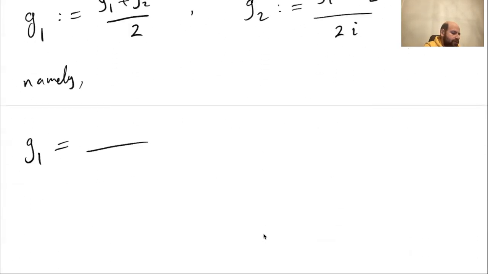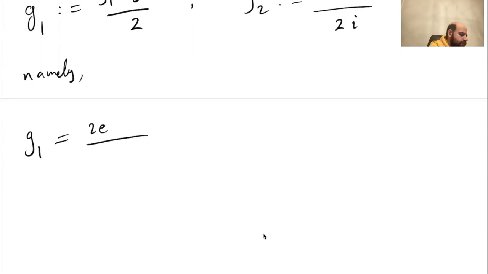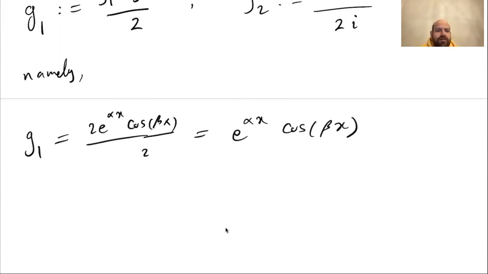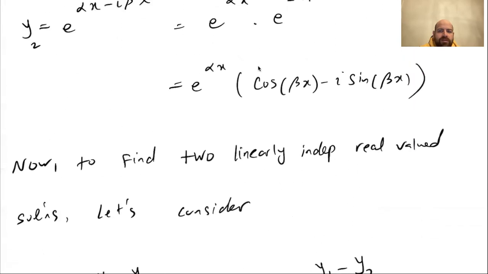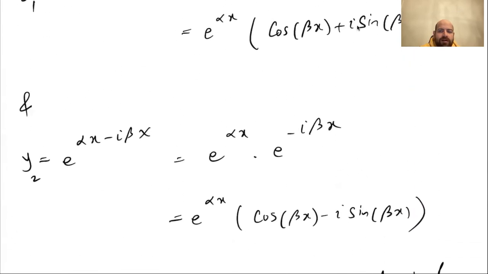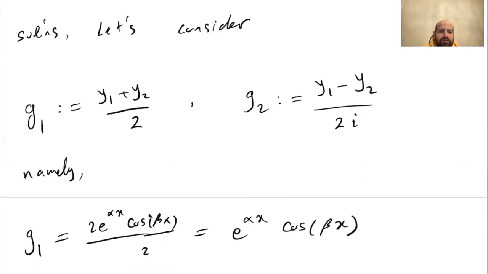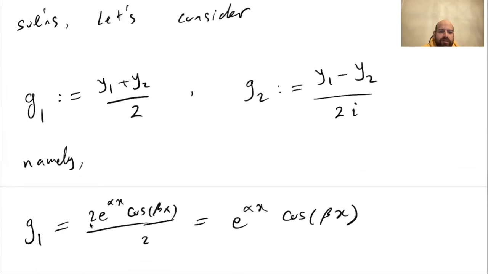Divided by 2 will be e to the power alpha x cos beta x. So you can see why I divided by 2 here. This addition appeared because I wanted the complex parts to cancel out each other. And when I added them, I got an extra factor of 2. If I divide by 2, I will get rid of that factor as well.